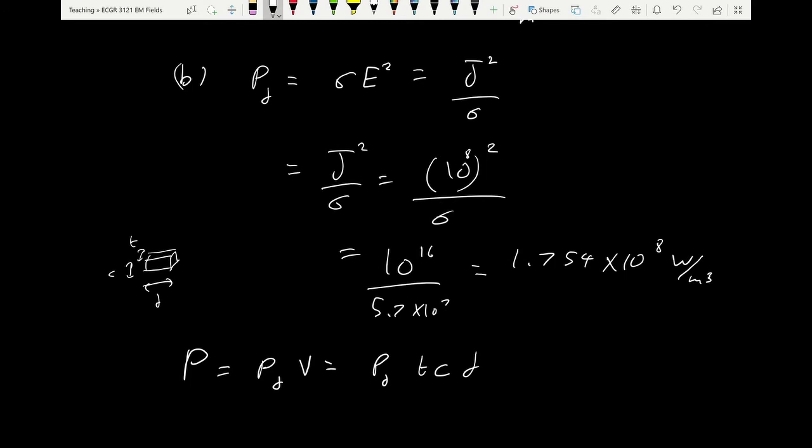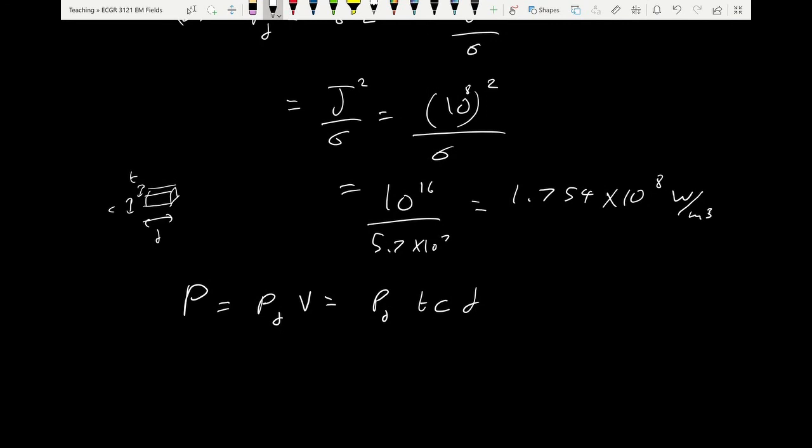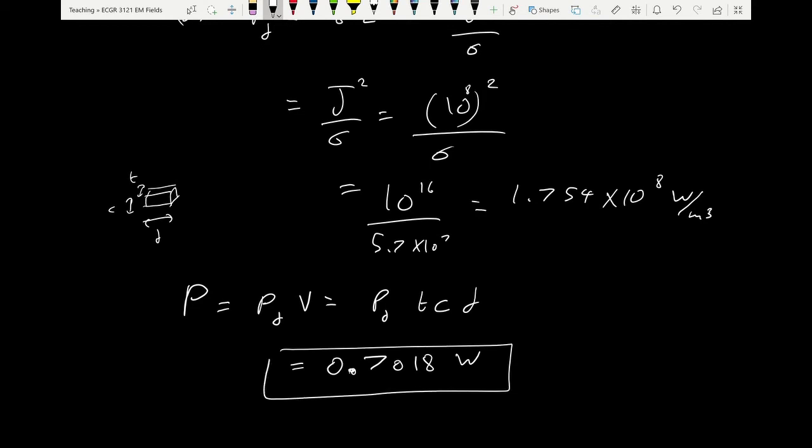So this gives me the volume. I plug in all those numbers, and I end up with this amount of power dissipated in the fuse. So it's a small number, but it's still not zero. It is still substantial.